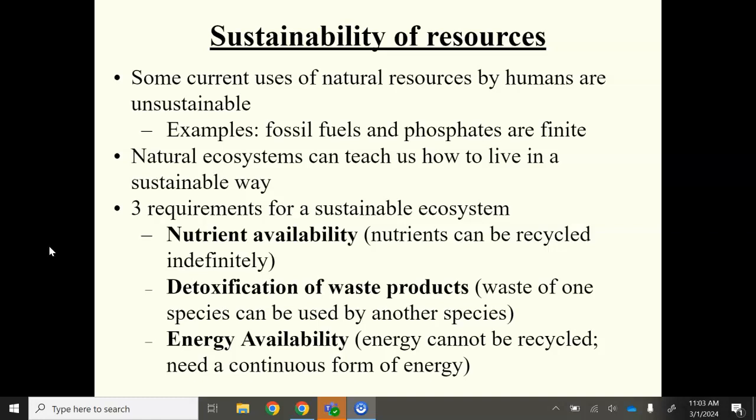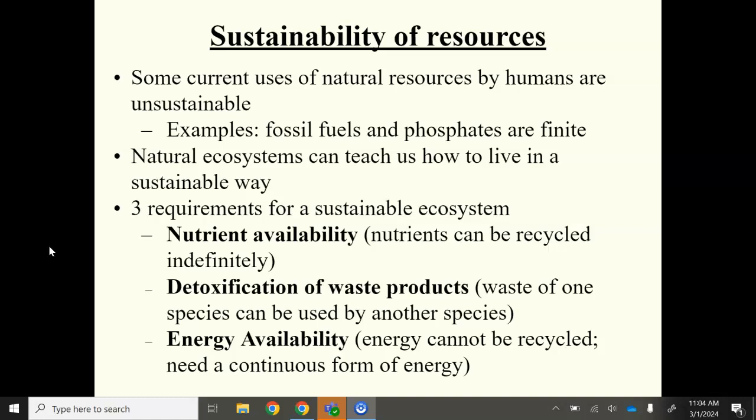Nutrient availability is important and it is renewable because they can continue to recycle nutrients indefinitely if they have this balance, right? So we depend on the decomposers to break down the dead and detritus material in these natural ecosystems, return those nutrients back to the plants in the soil, the plants take them up, and then they enter the food chain once again, helping to repeat that cycle.